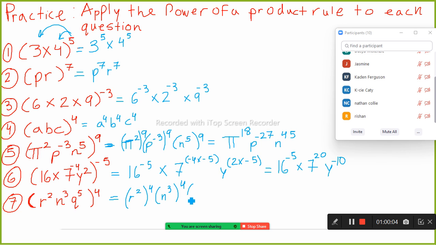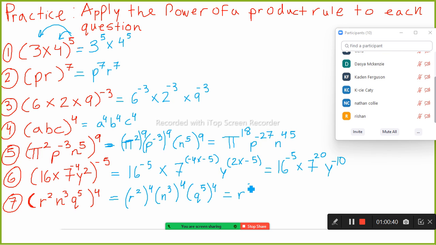Very good. And so what do we do when we have two powers, one on the inside, one on the outside? We multiply the powers. So what is 2 times 4? 8.